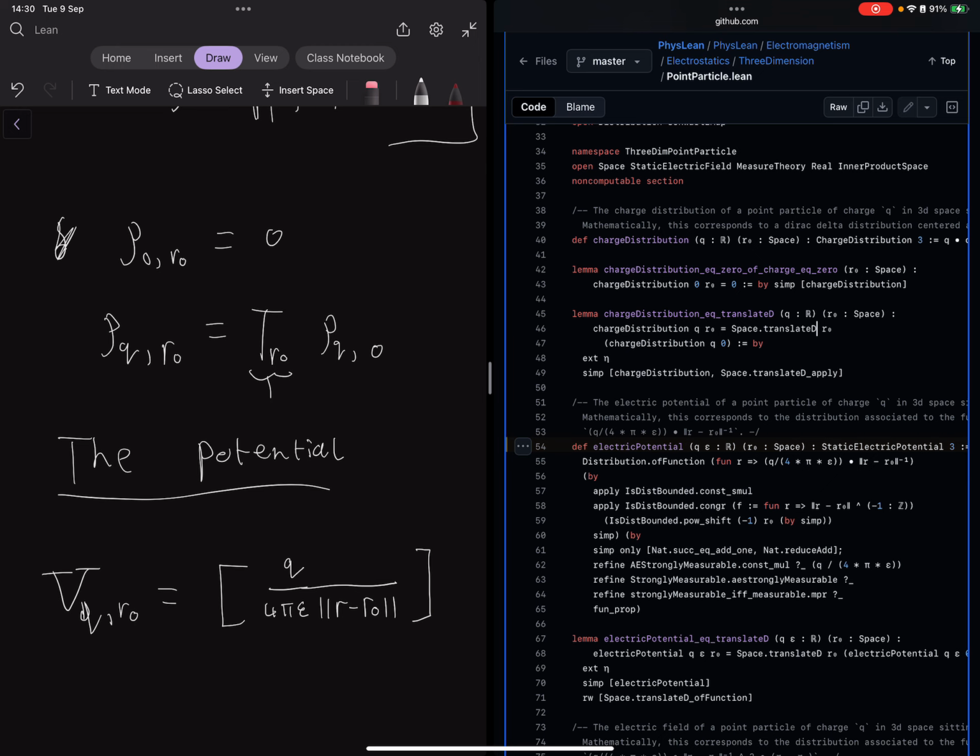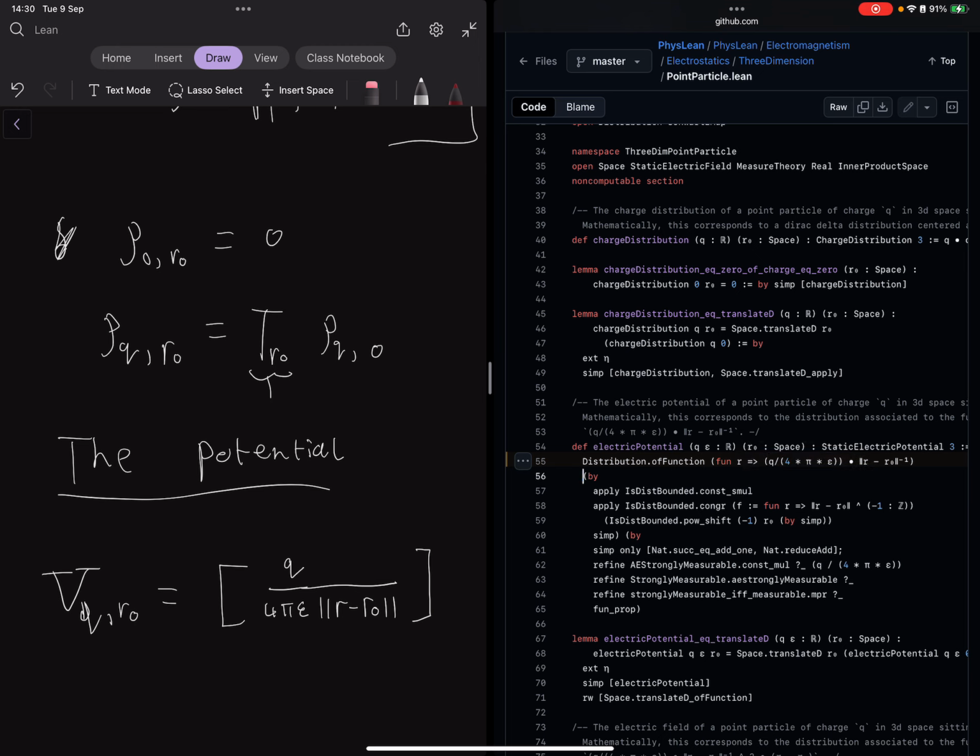And this is exactly what's written here. So this electrostatic potential is a distribution. Let me highlight this. It's a distribution from a function, and that function is given by this thing here. Let me highlight this thing here.